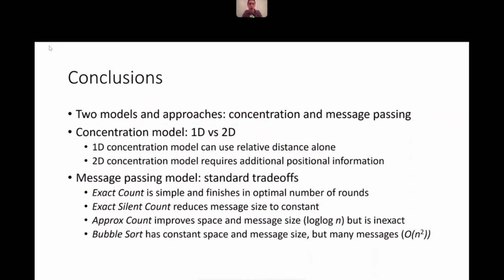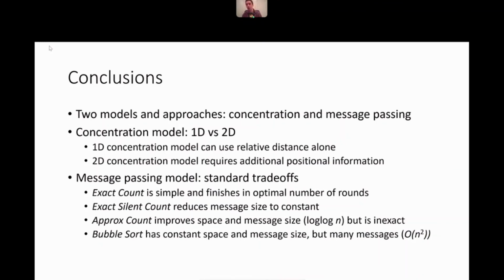And I'll note that the reason I only talked about the 1D case for message passing was because once you have a ribbon inside of your French flag, it is very easy to just copy the colors up and down. So it's more interesting to think about the 1D case, unlike in the concentration model where there's no communication.